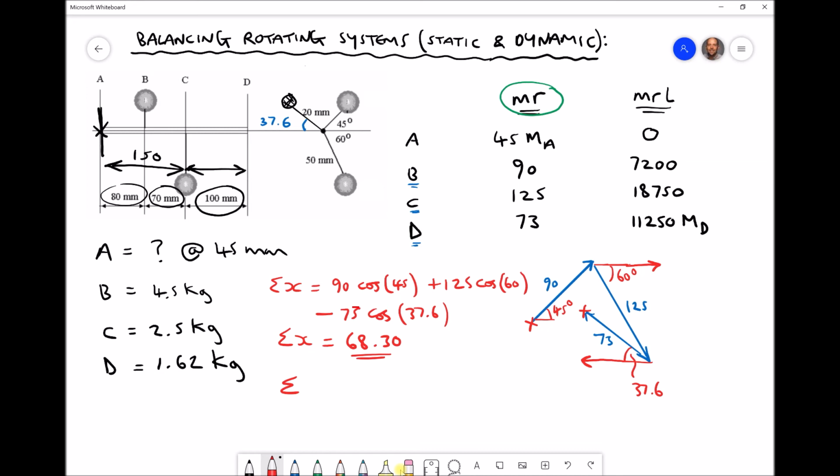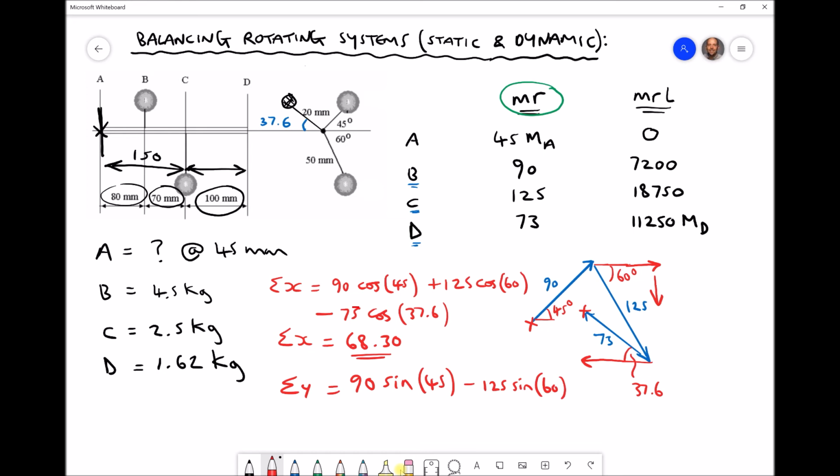And let's repeat for our y components. We can see that vector B, our first vector, has a positive y component. So we have 90 sine 45. We can see that vector C, or our second vector, actually has a negative y component. It's acting downwards. So this time we need to subtract 125 sine of the angle, or sine 60 in this case.